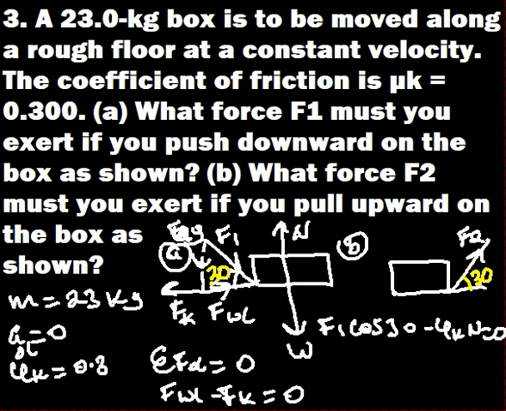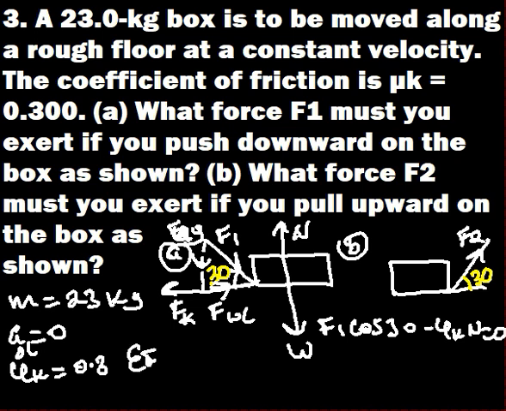And what is the normal force? We have to go to the forces along the y-axis. Since there's no motion along the y-axis, the summation of the forces along y adds up to 0. And what are the forces?